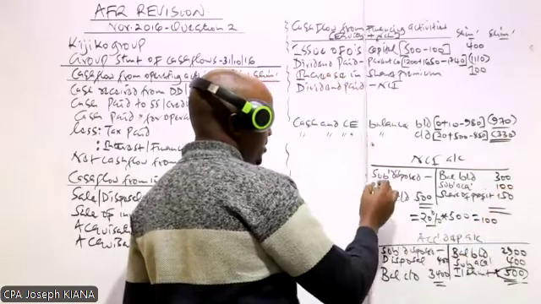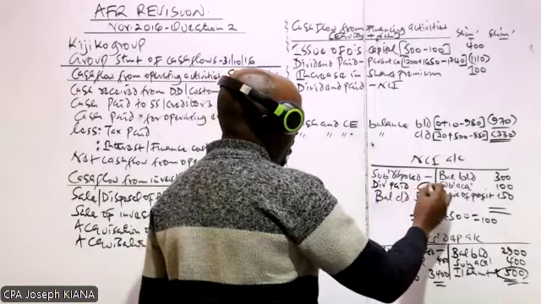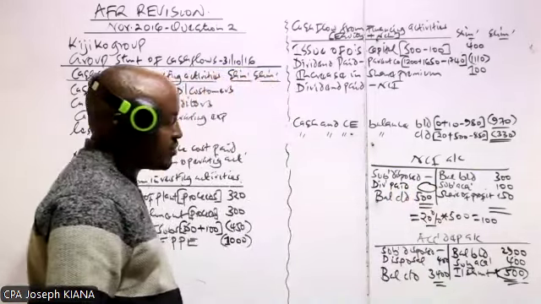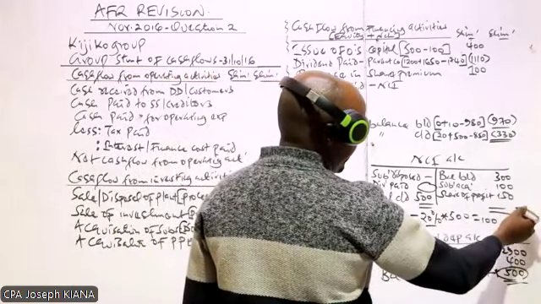So then what we get as a balancing figure on this side are the dividends which were paid. So this will give us 550.